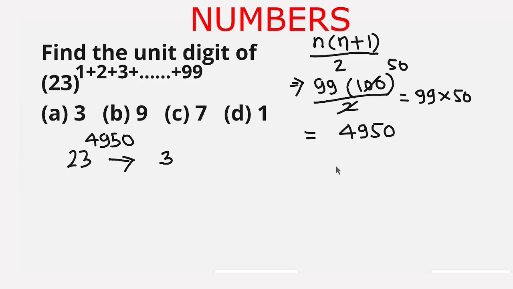And 50 when divided by 4 leaves the remainder 2, as 12 times 4 is 48 and 50 minus 48 is 2. So this is 3 to the power 2, and 3 times 3 is 9. So the unit digit of the given question is 9. It was a very easy question. And from the given options, our answer is option B, 9.